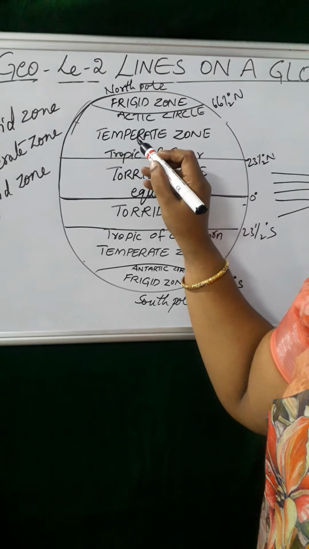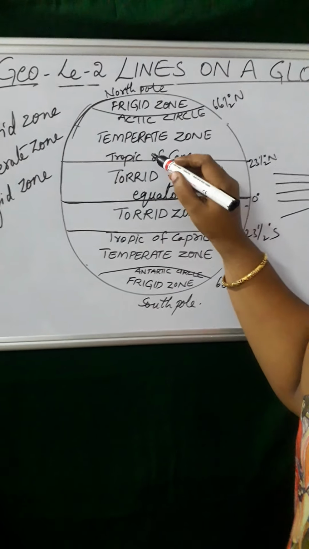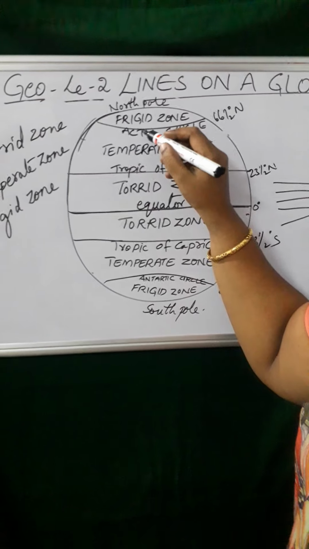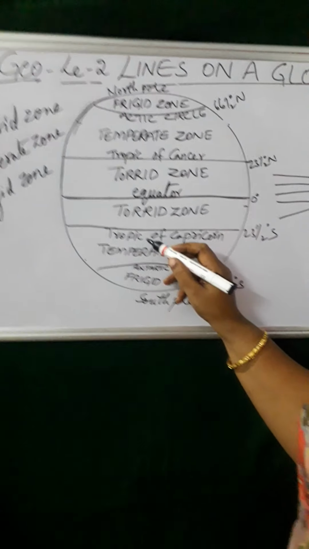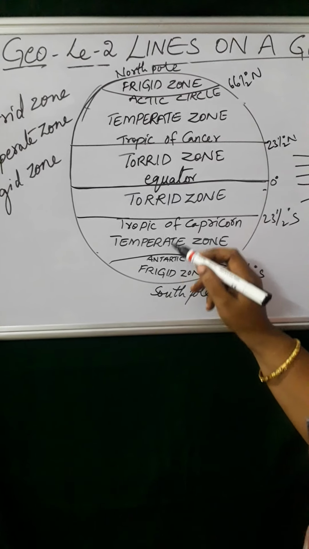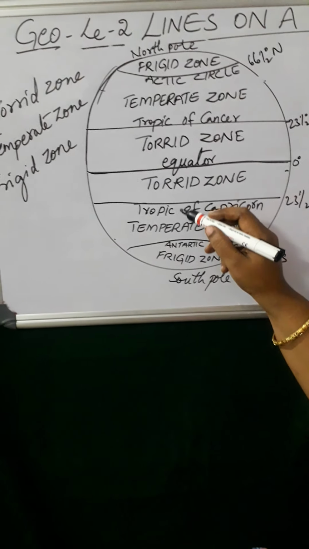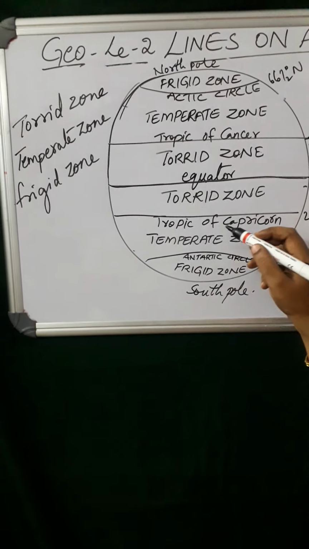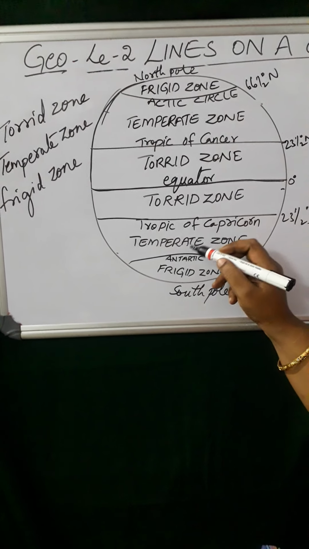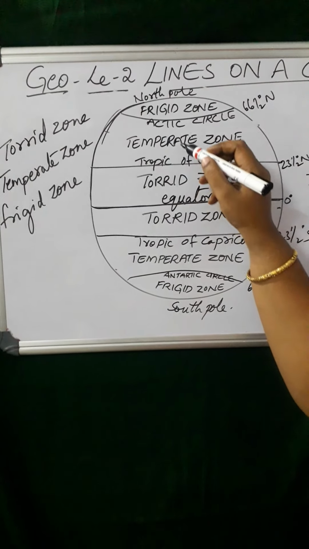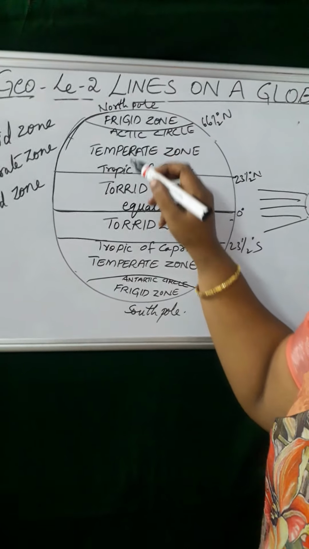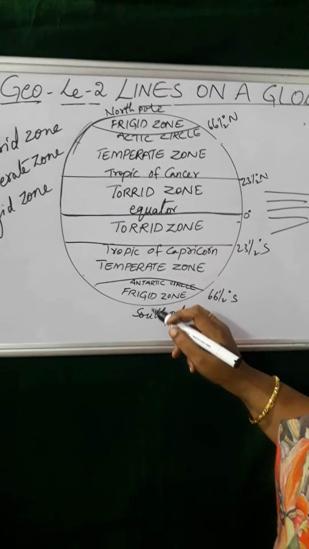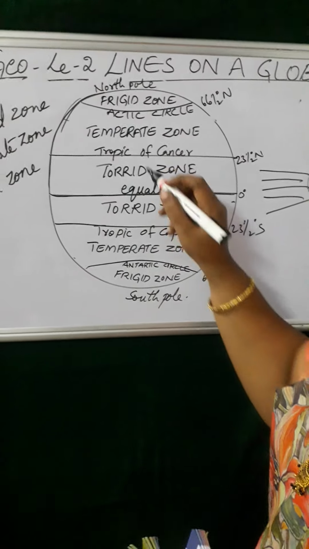Next, after the torrid zone, let us know about the temperate zone. This temperate zone is located between the Tropic of Cancer and the Arctic Circle in the north, and between the Tropic of Capricorn and the Antarctic Circle in the south.